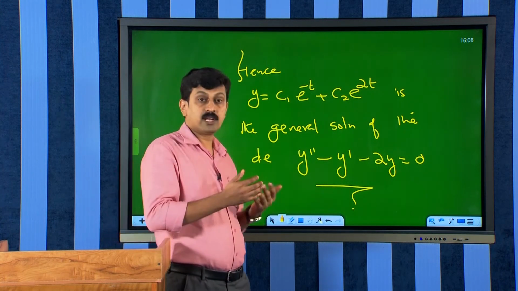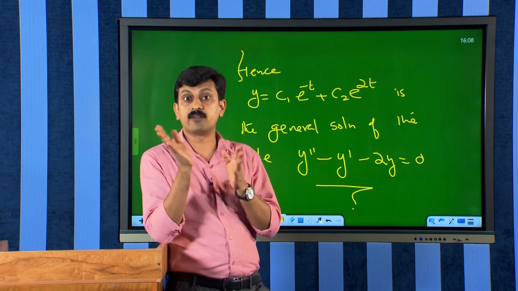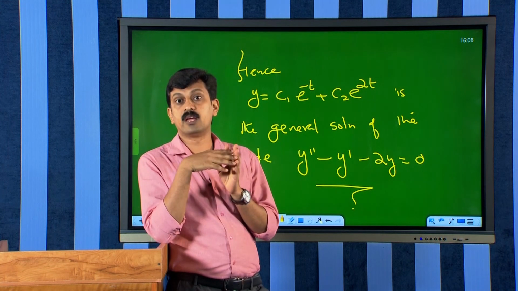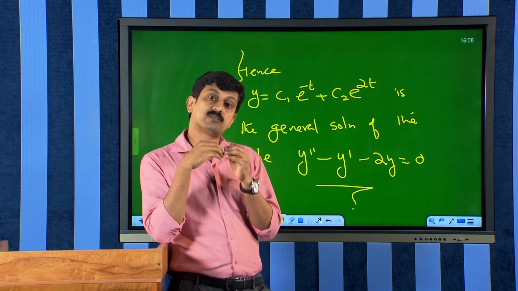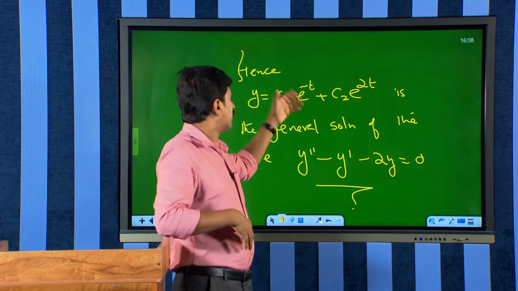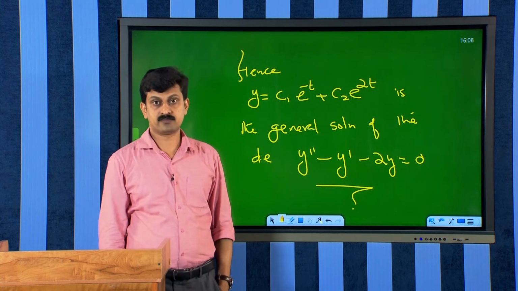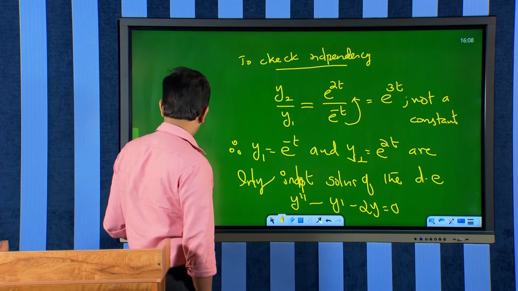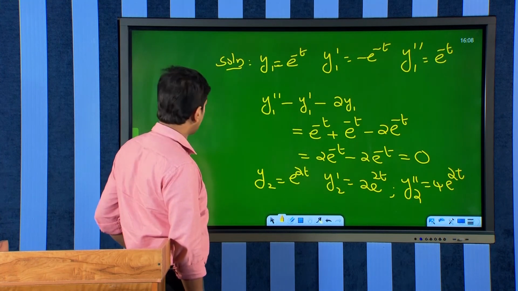And similarly, in the case of boundary conditions, if A and B are the boundary points of a domain where y1 of x and y2 of x are defined, and y of A and y of B are given, then we can apply the values of y of A and y of B here, and finally we will have the solution of the differential equation.